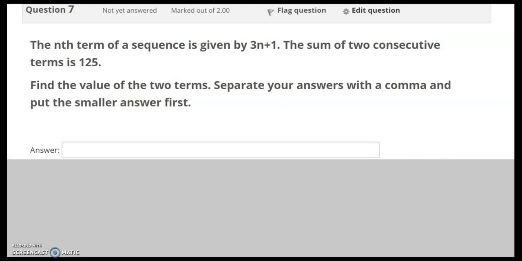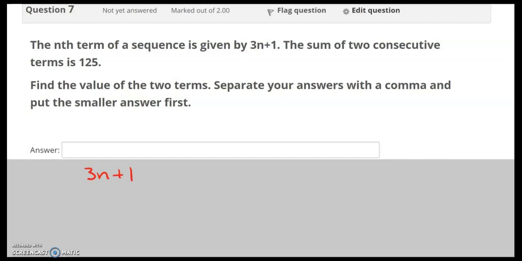So, since we don't know which term this is, the first one or the second one, what we're going to do is leave n as it is. So that first term of the two can be represented as 3n plus 1.